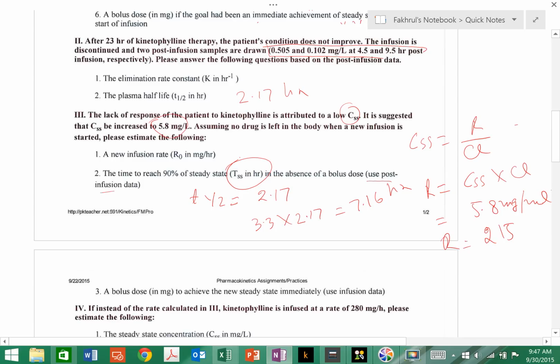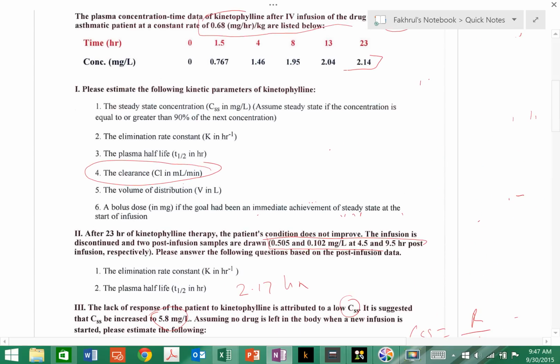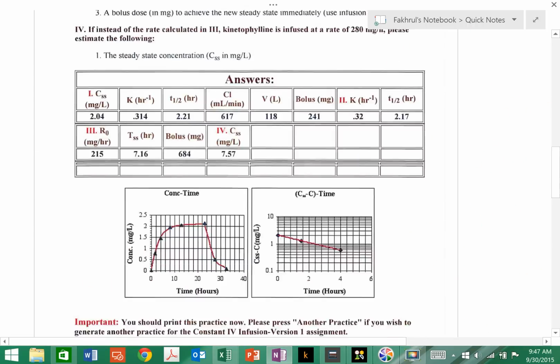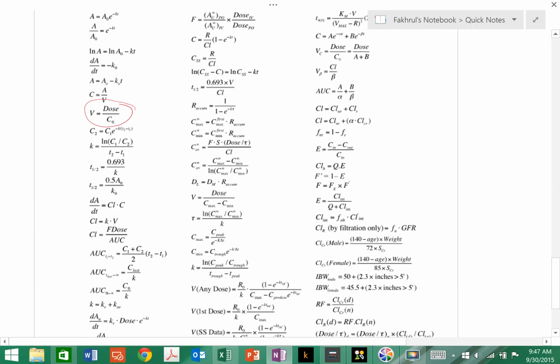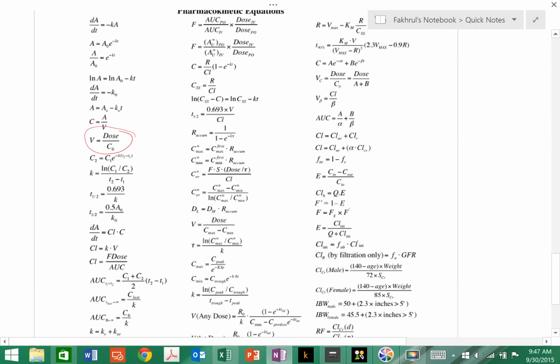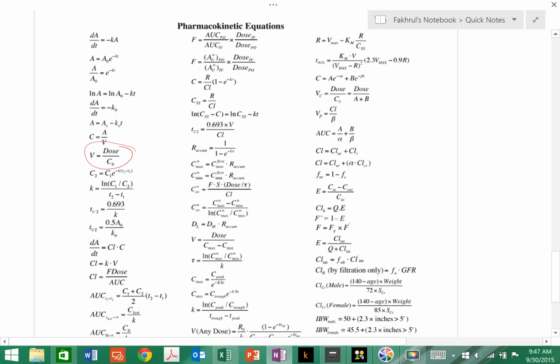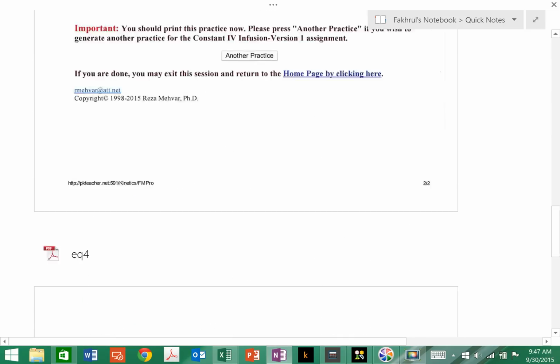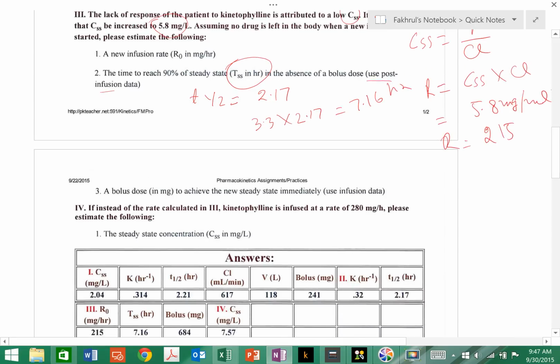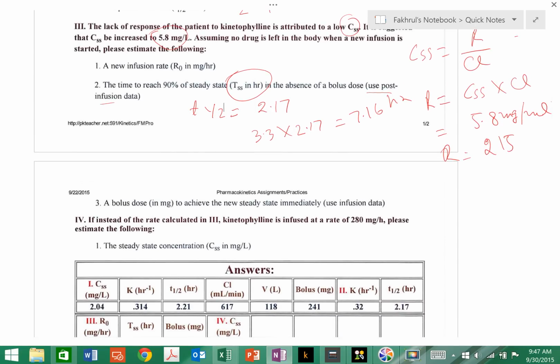A bolus dose to achieve the new steady state immediately. Here in this case you have to use again that equation for bolus dose. Dose is equal to V times C0, so a bolus dose is equal to V times CSS.